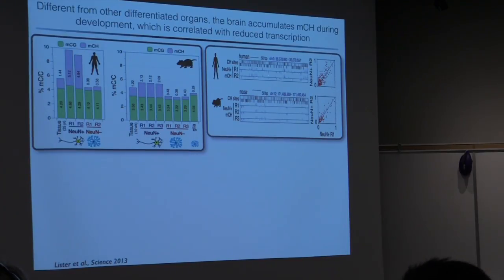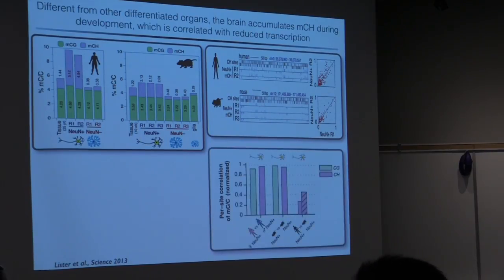These are the positions of the non-CG methylation in the cortical neurons, and you see that in fact two individuals are very highly correlated. These are three replicates in three different mice, and at this particular stage of development there's a very good correlation between the positions. So there's some information that's targeting this non-CG methylation, or removing it from other positions in the genome where it shouldn't be. So there's some machinery there.